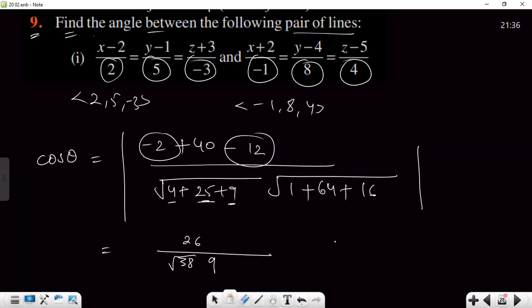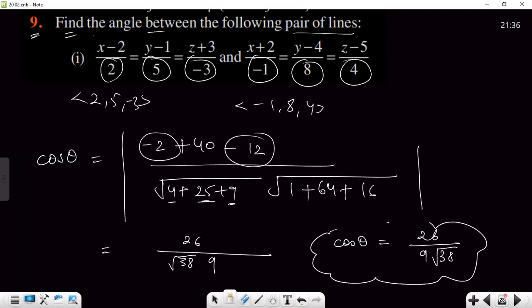So cosine of theta is equal to 26 over 9 root 38. That is our answer. Correct. Understood? Yes, sir.